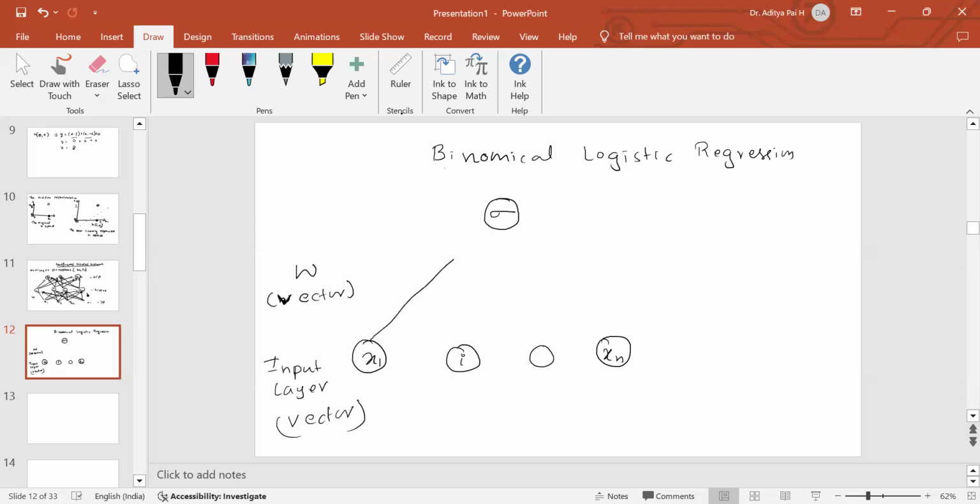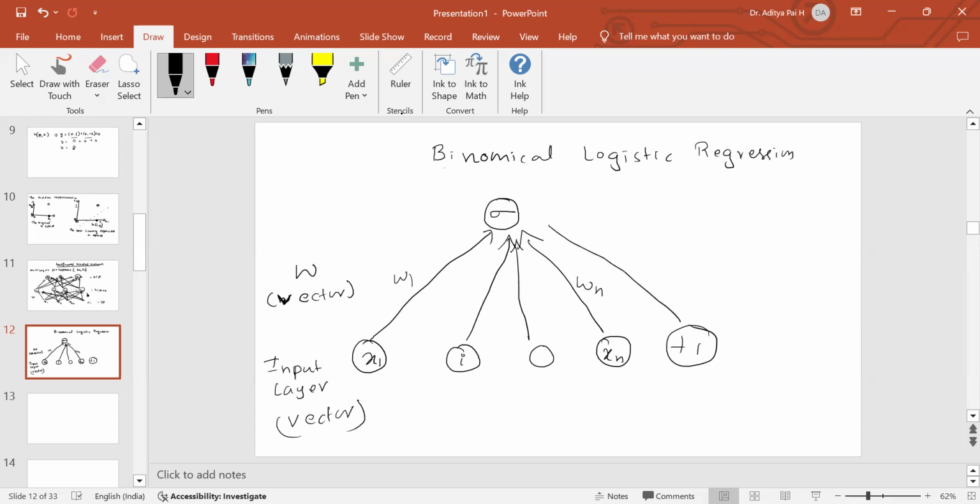So you can say that this is my w1, and like that multiple inputs are there, and this is my wn. Along with that there is again plus one, which is nothing but the bias.